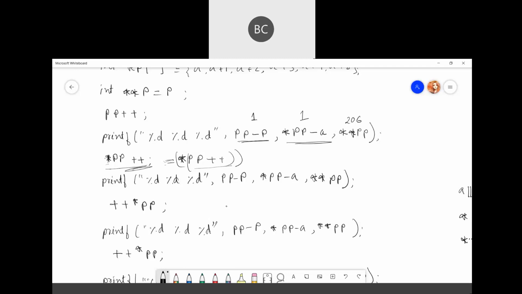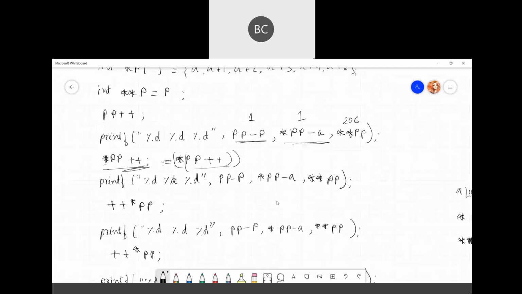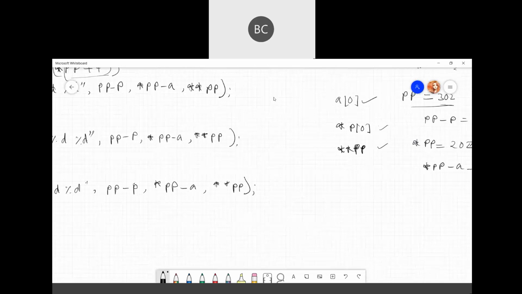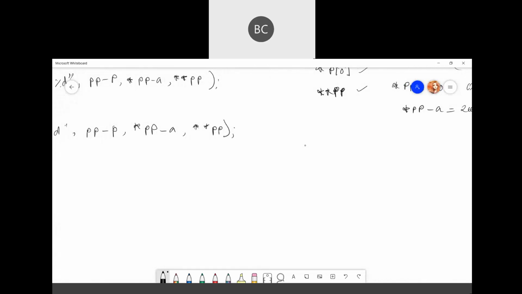So since our PP was 302 earlier, after incrementing this, our PP will be 304. Initially it was 302, after this line it will be 304.